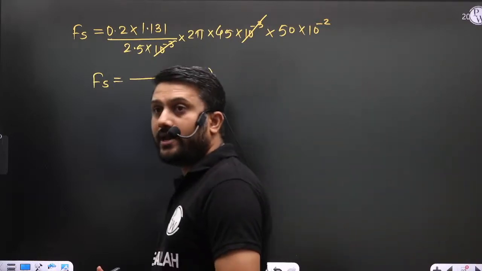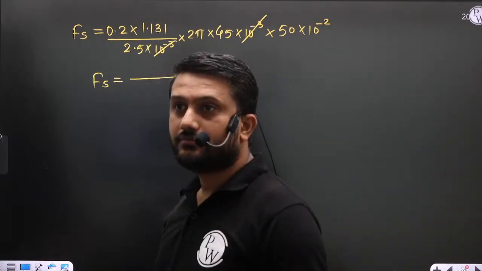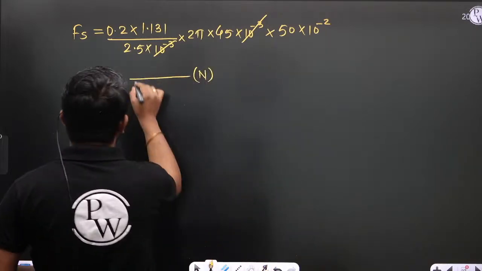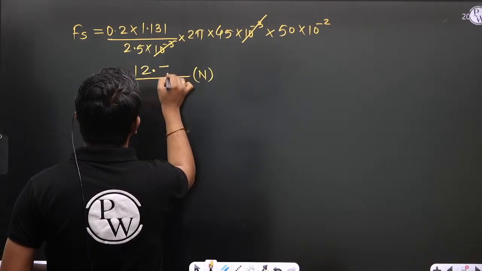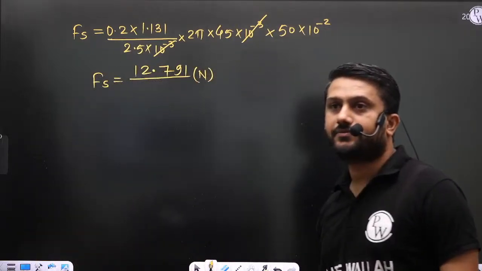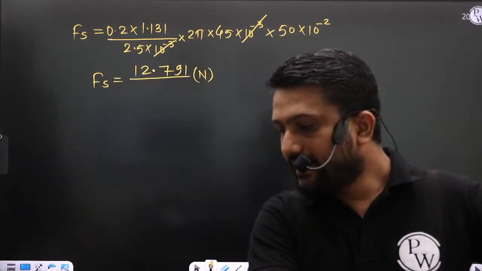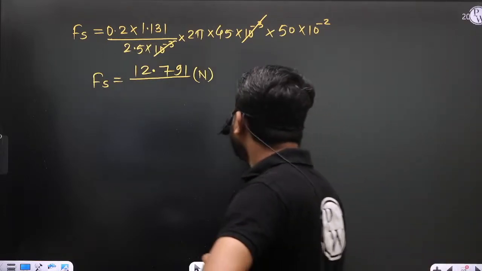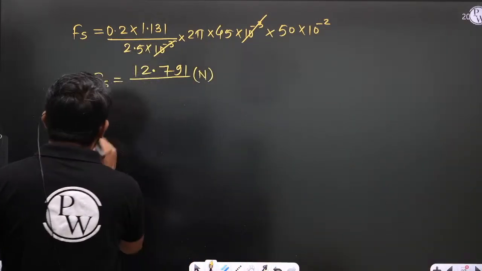I think this comes 12.7. Please check the calculation. It comes 12.791. Everyone getting the same answer? Fs, shear force, 12.791 Newton. Right, so this is the shear force.